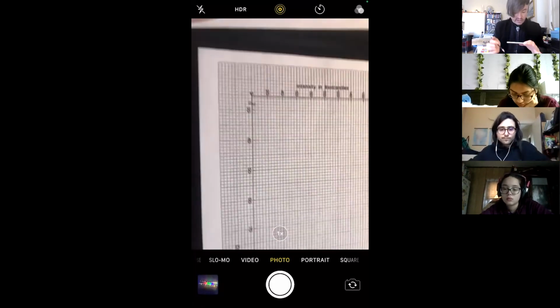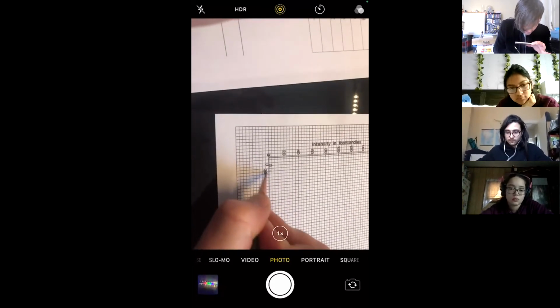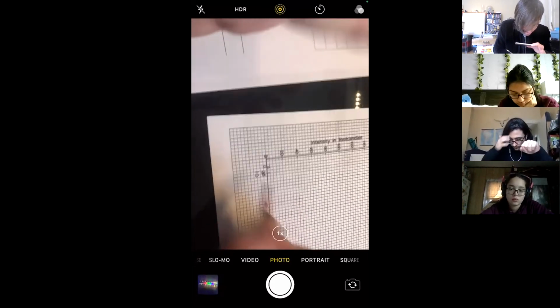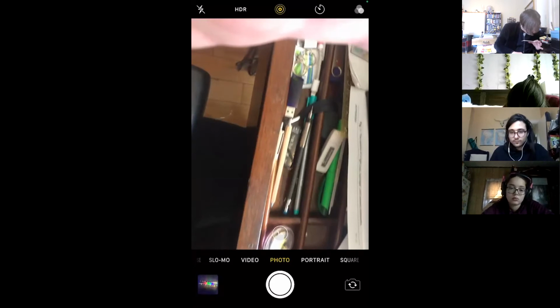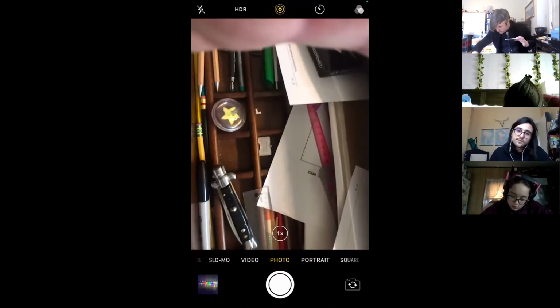The first thing I want us to do is to change the scale on the x-axis. Instead of 30 centimeters, make it 10. I'm actually going to see if I can do this in pen. Do I have a nice dark pen somewhere? I have a felt tip pen somewhere.